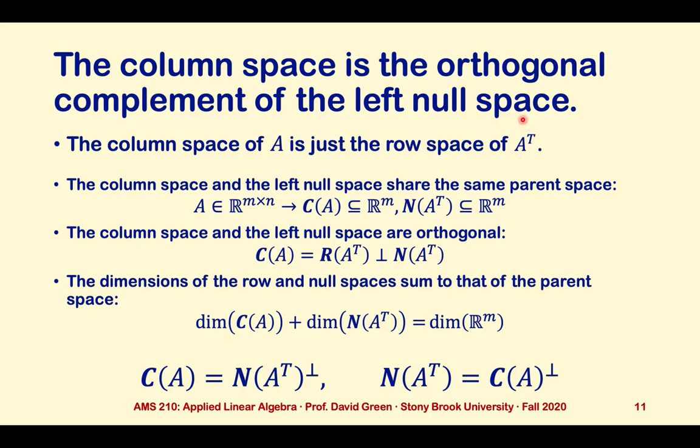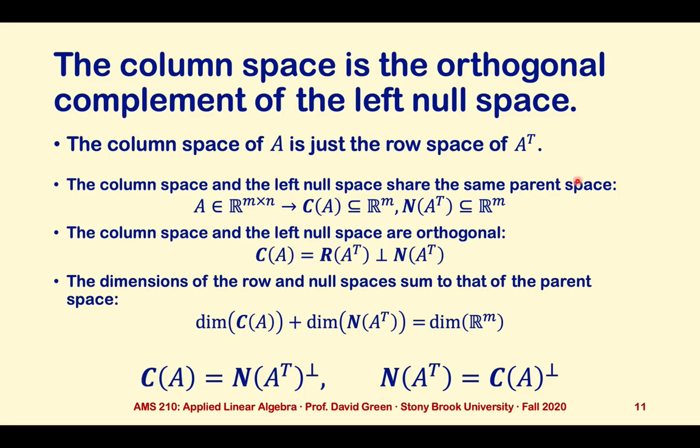And since we've just seen that the row space of a matrix is the orthogonal complement of the null space of that matrix, the row space of A transpose must be the orthogonal complement of the null space of A transpose. The column space of A is the orthogonal complement of the left null space of A. The left null space of A is the orthogonal complement of the column space of A.